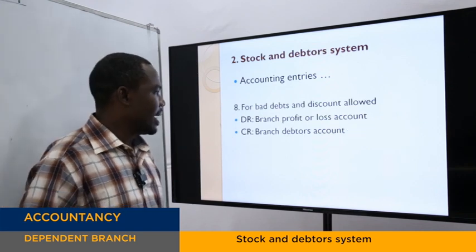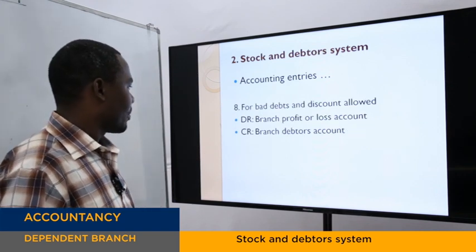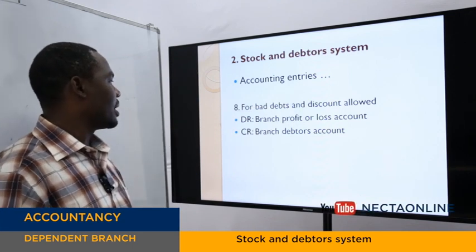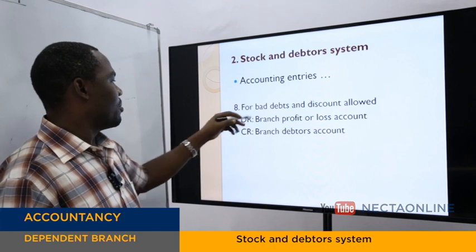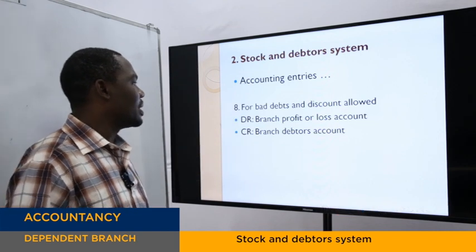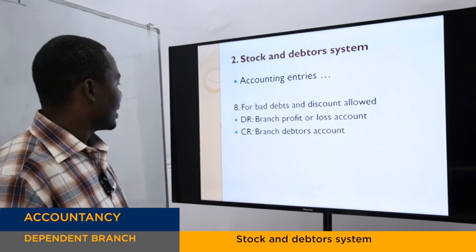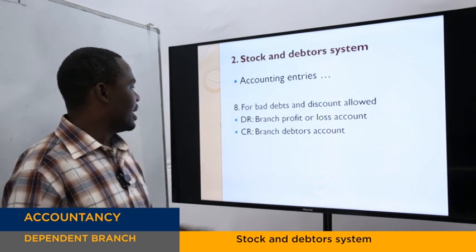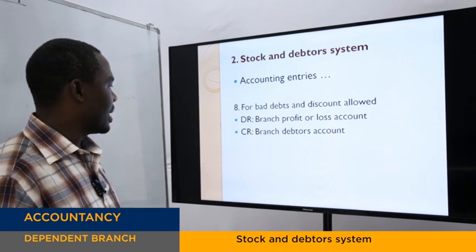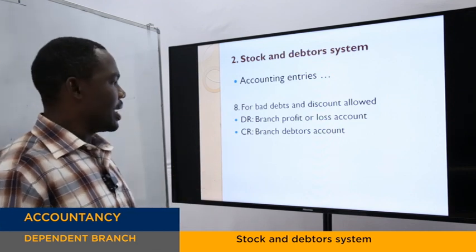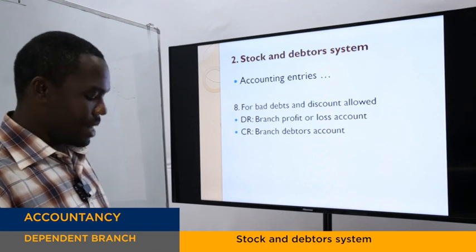For bad debts and discount allowed, any entry that reduces the debtors account in the form of bad debts or discount, these transactions are adjusted by debiting profit or loss account and crediting branch debtors account with the amount of bad debts or discount allowed.